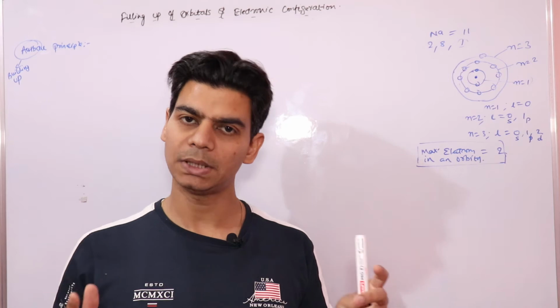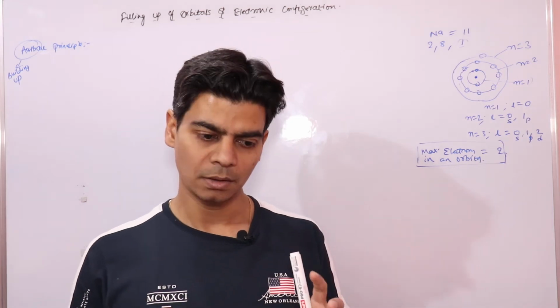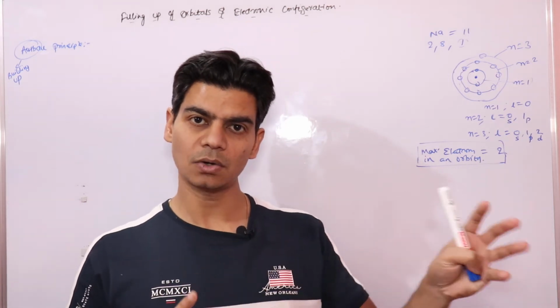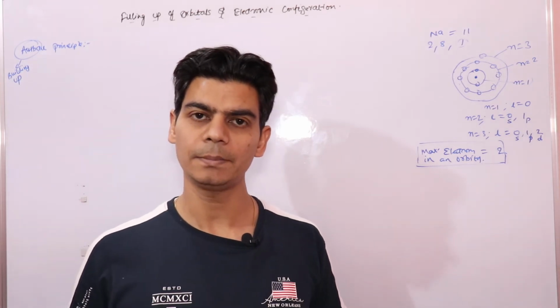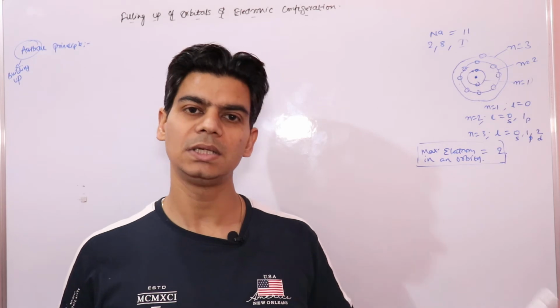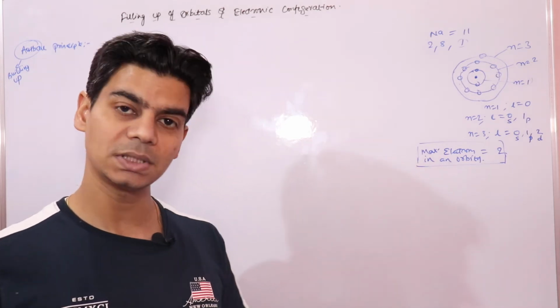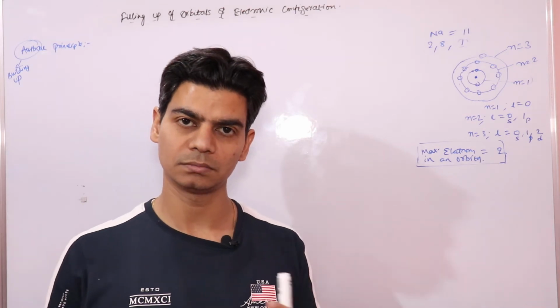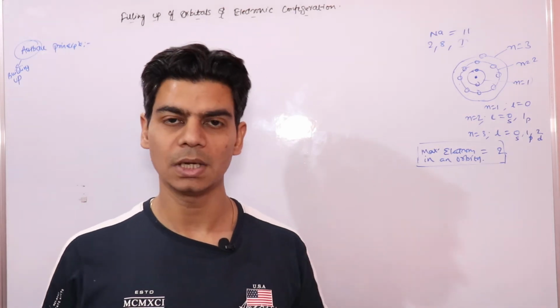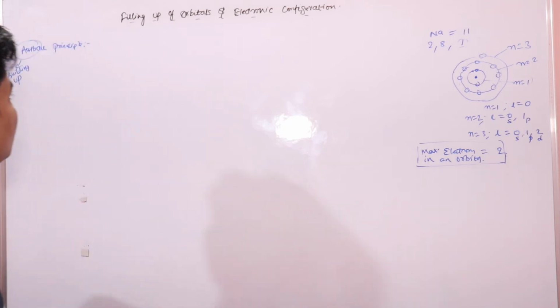Now we have a simple diagram that will tell us the increasing order of this energy. As I said, electrons will be filled in orbitals in increasing order of their energy. So what is this increasing order of their energy? We will get this order of energy of orbitals from a diagram that we will look into in a moment.